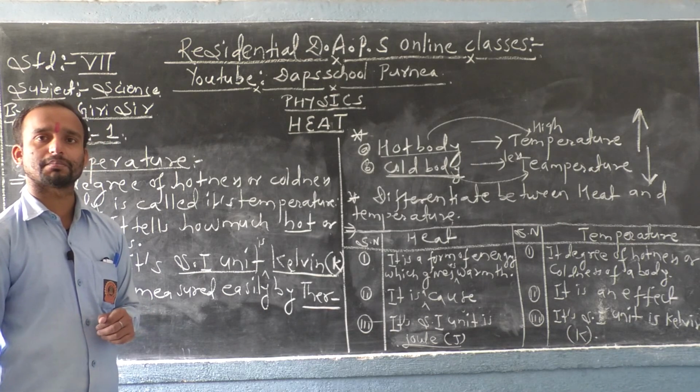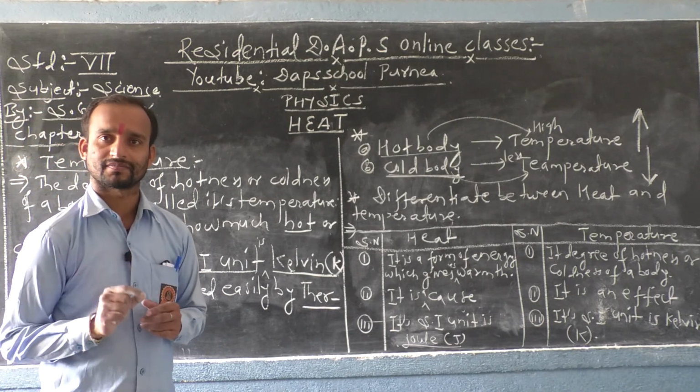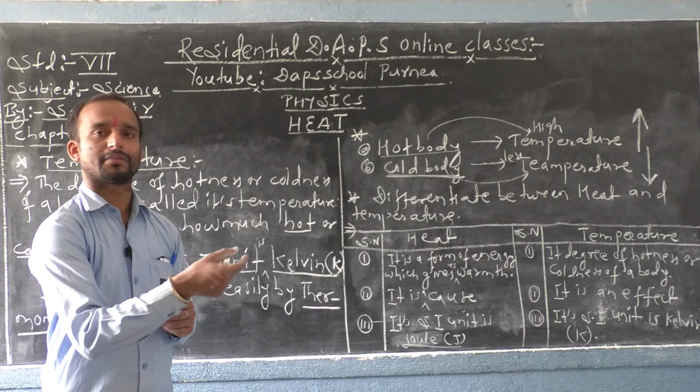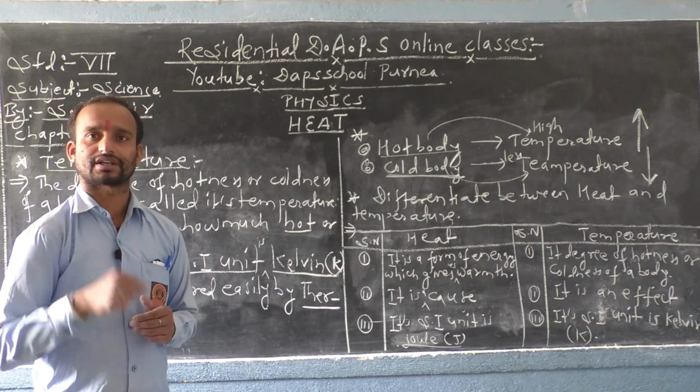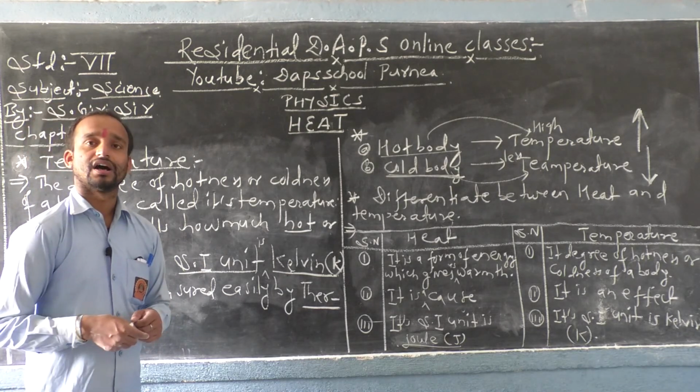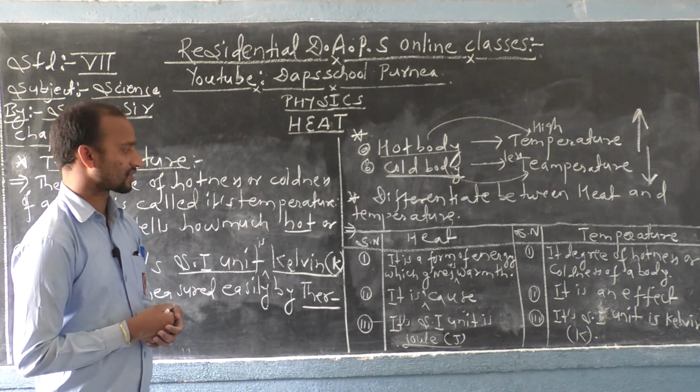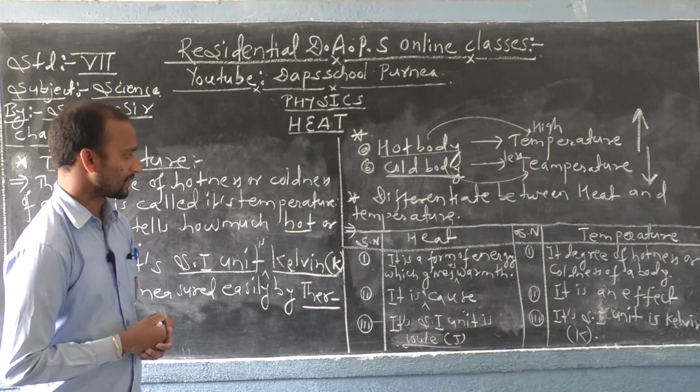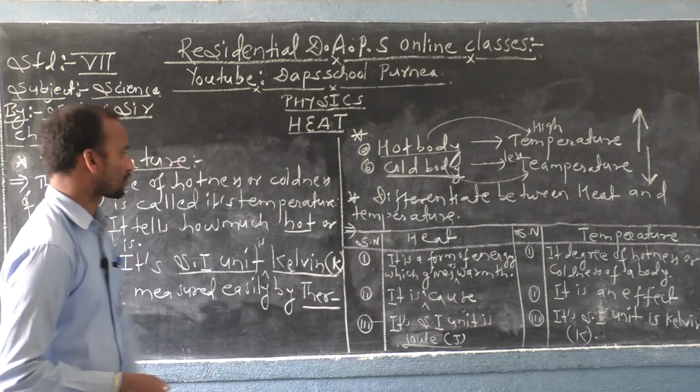Just like when you measure mass, you write kg, and when you measure time, you write seconds. Later on we shall discuss this in more detail in senior sections like class 8 and class 9. Till then I think you should not have any problem.